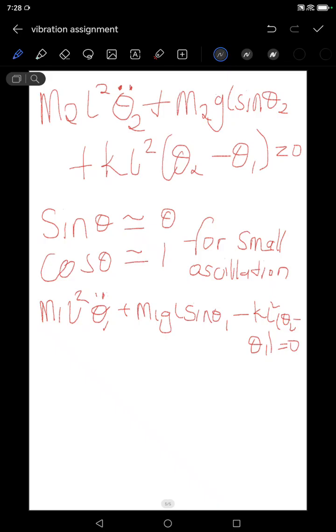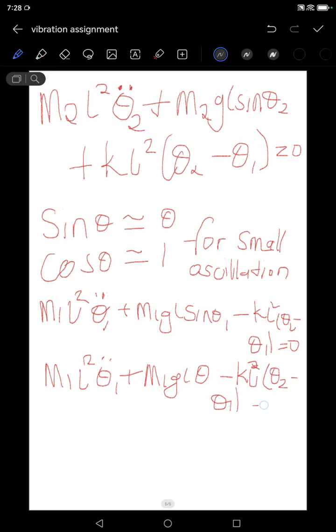Now you can see we have sine theta 1, so we write it in terms of theta. We're going to have m1 l squared theta 1 double dot plus m1 gl theta 1, for small oscillation, minus kl squared (theta 2 minus theta 1) equals 0.